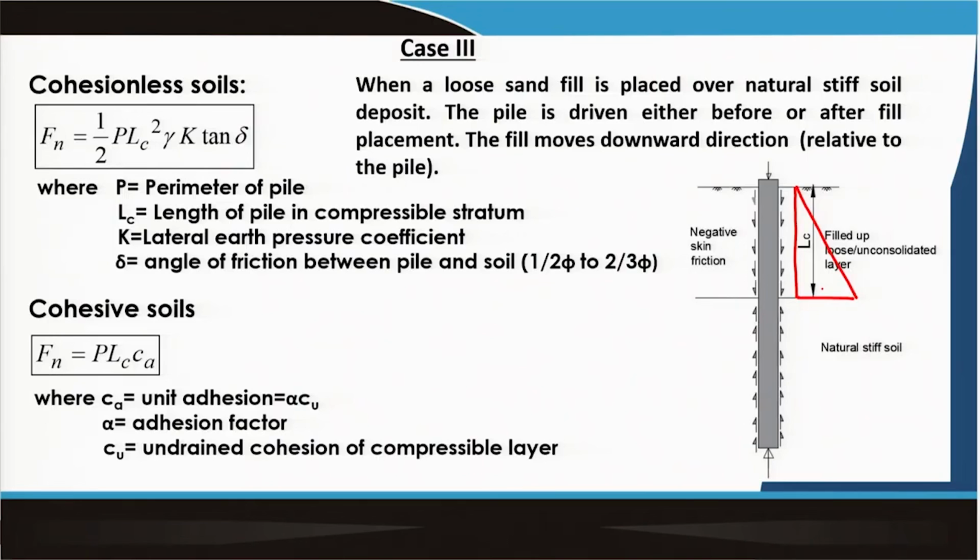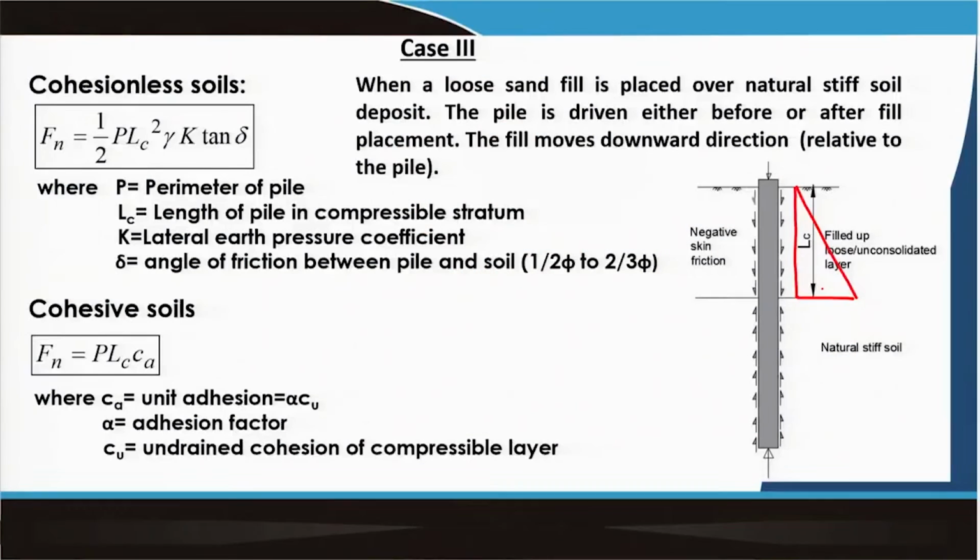And here also you can place the clay fill over the stiff soil, but that clay is a very soft deposit, and it will consolidate. So, here also ideally you should use the drained properties, because that is the consolidated condition.